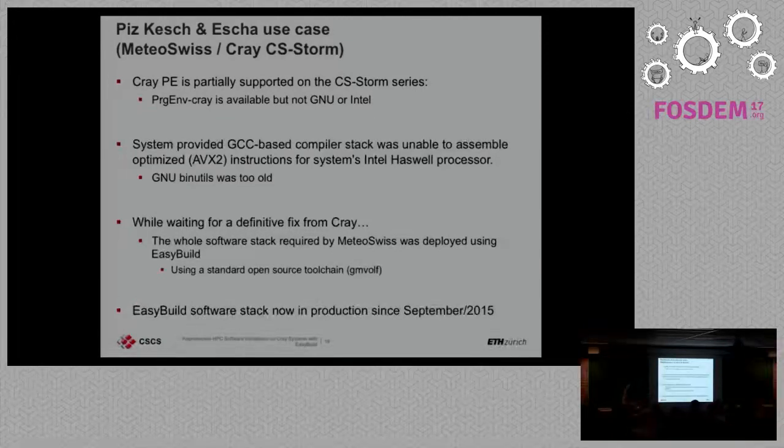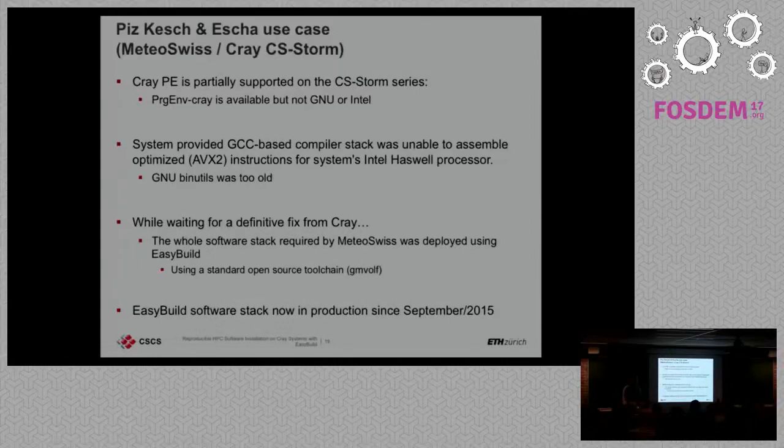So we had to rebuild our software from scratch. And in this case, even the GCC that they provided was not able to compile AVX instructions. So they give you the hardware and they don't provide you a working compiler. We opened a bug, and they took a long time to give an answer, and meanwhile we rebuilt everything with EasyBuild.